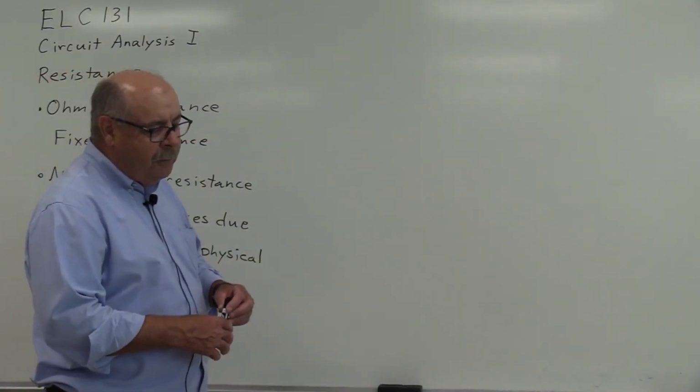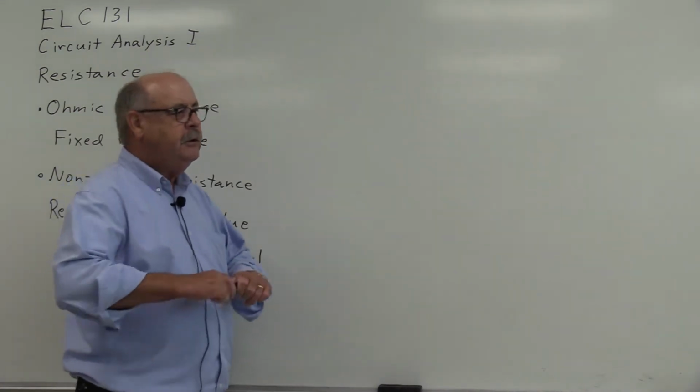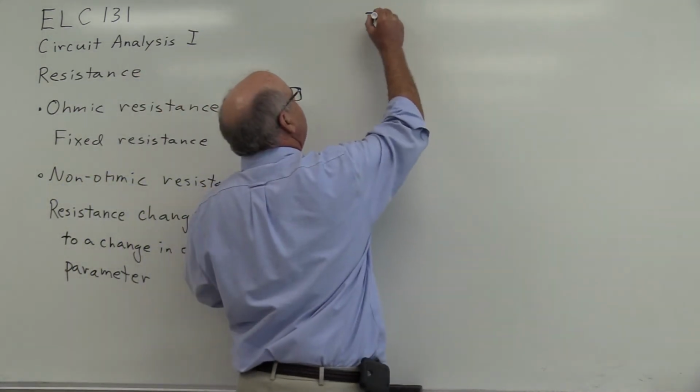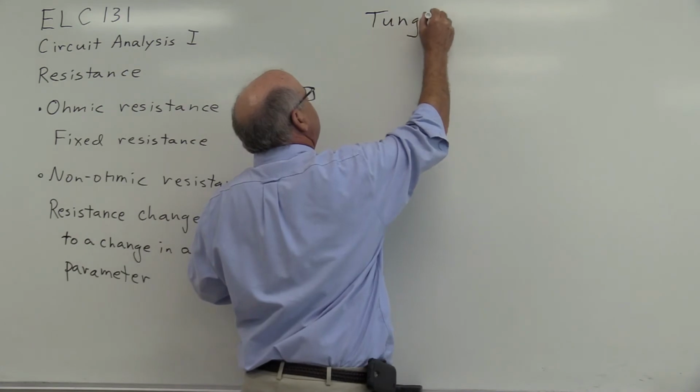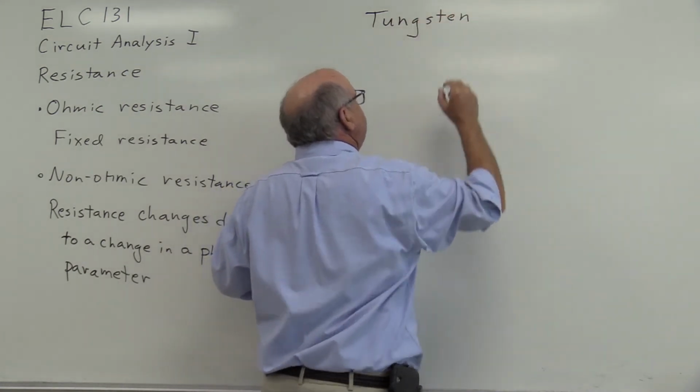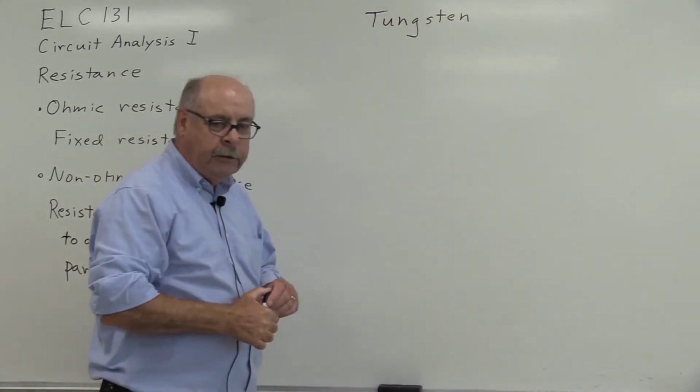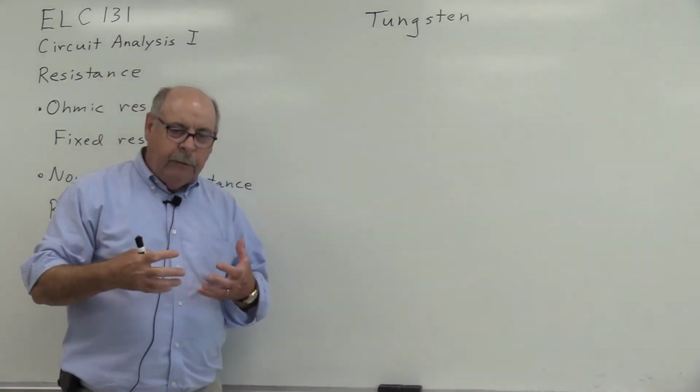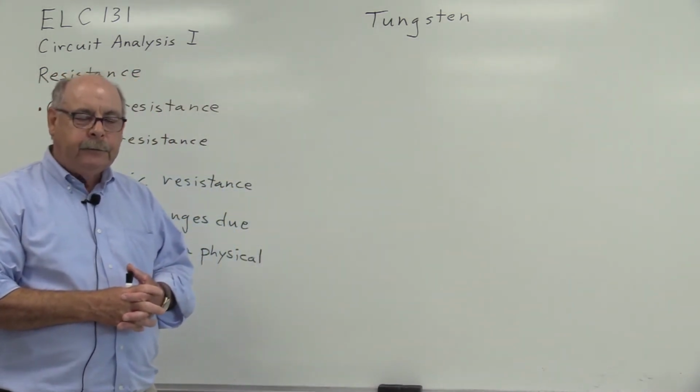So another example of a non-ohmic resistance is the case of tungsten. And tungsten is the metal that's used for the filament of an incandescent lamp.